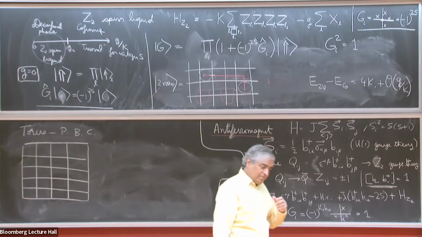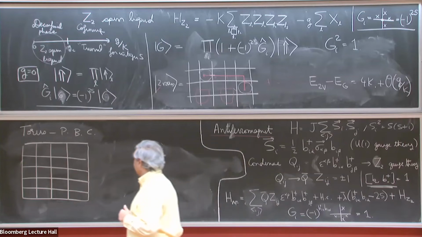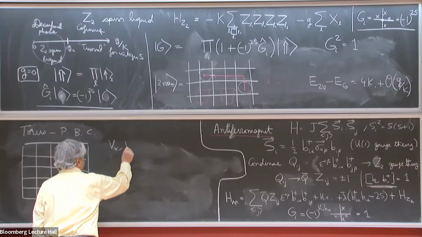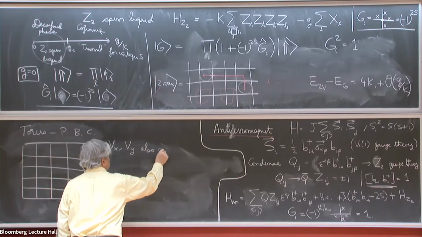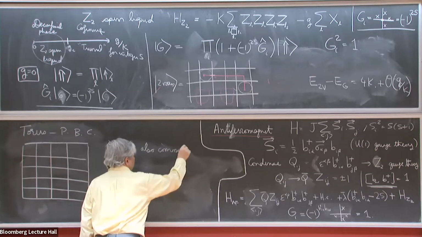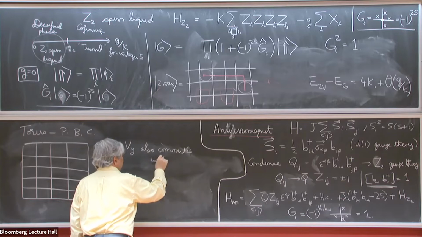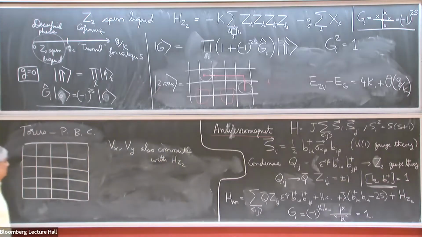There turn out to be two more operators that commute with the Hamiltonian. I'm going to call those operators Vx and Vy. They commute with H_Z2, and these operators are not just products of the G.